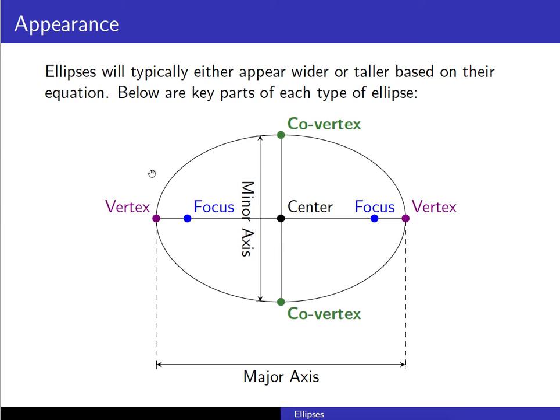Another way to look at it is to take a piece of string and pin it down at each of the focus points, with a thumbtack at each end. If you take a pencil, stretch the string, and draw around, what you'll end up drawing is this ellipse.